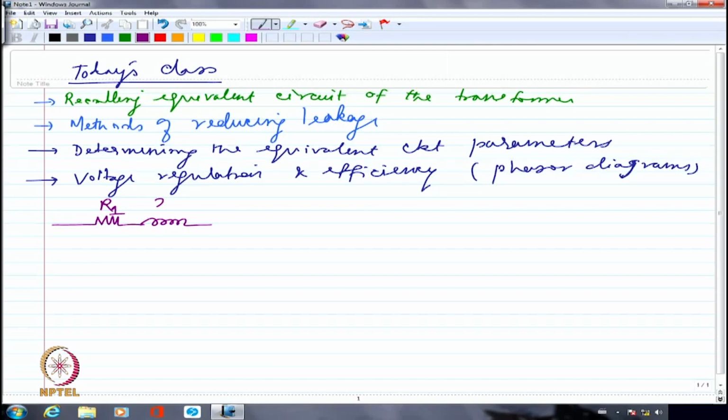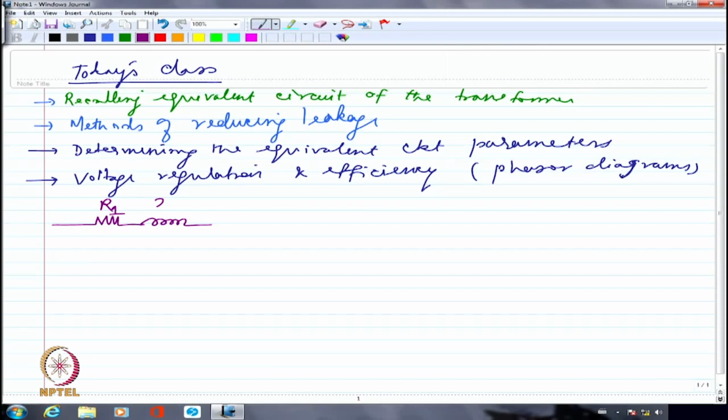So we said also that the core is not ideal, due to which we do have some core loss component of resistance. This is a fictitious resistance, not really the core resistance as such. So this is essentially an equivalent resistance that we can estimate based on how much is the loss that is taking place in the form of hysteresis losses and eddy current losses.